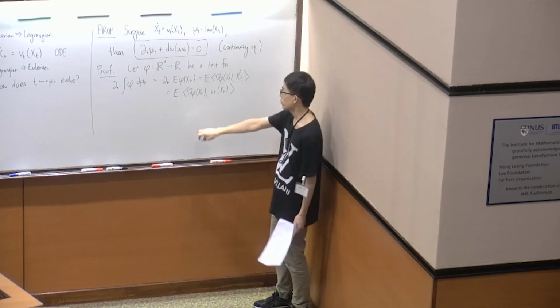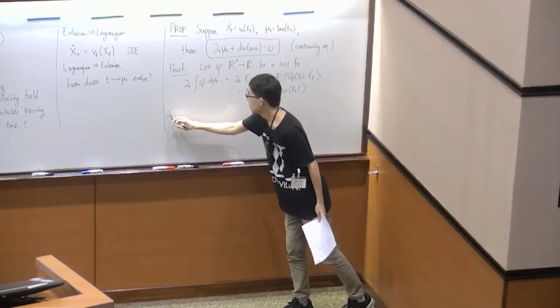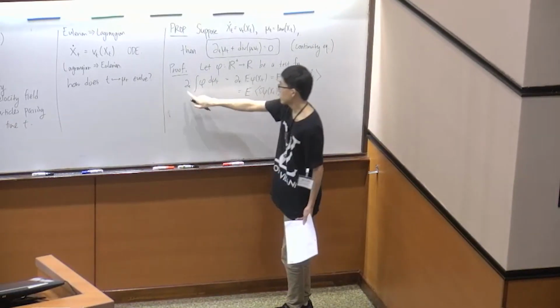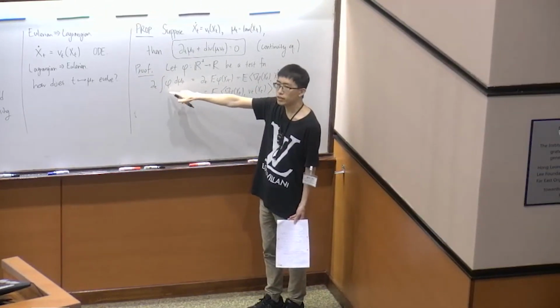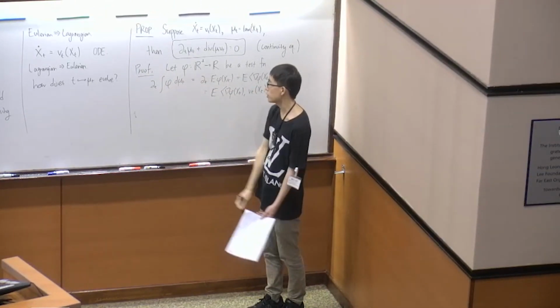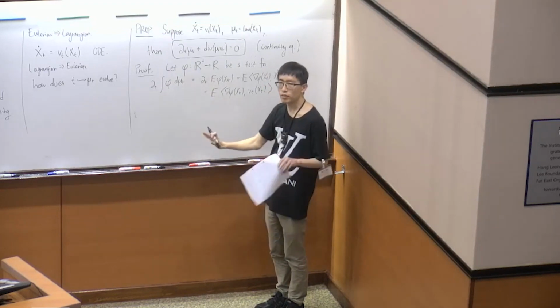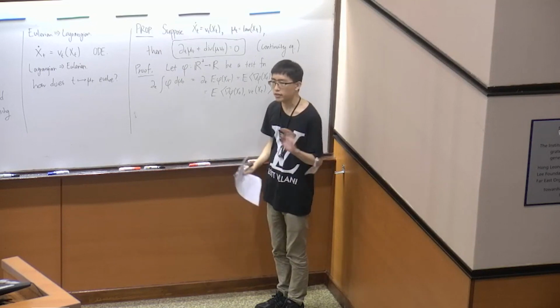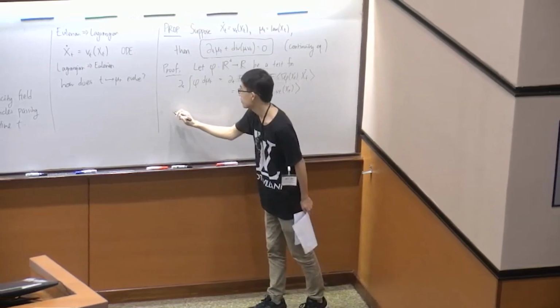Okay, so let me rewrite this in terms of integrals. So first of all, when I compute the derivative of this integral, because phi doesn't depend on time, I can just push the derivative with respect to time inside. So I'm basically assuming I have enough regularity, so all these exchanges of differentiation and integration make sense.